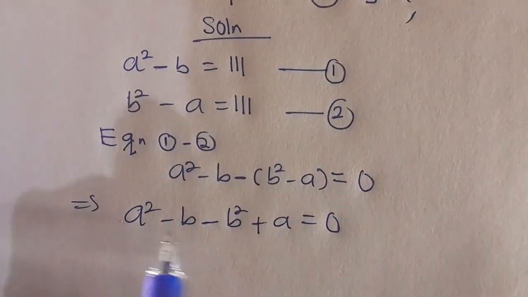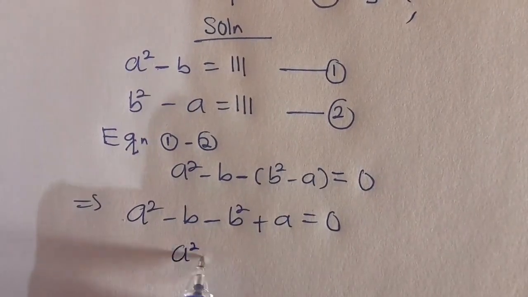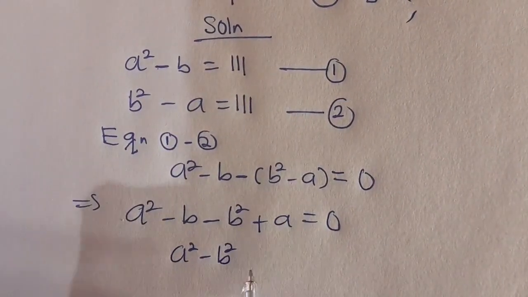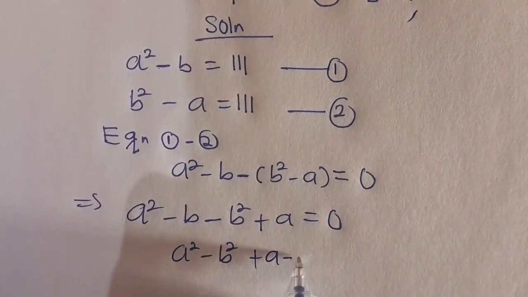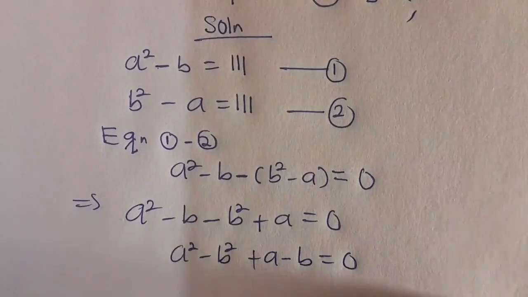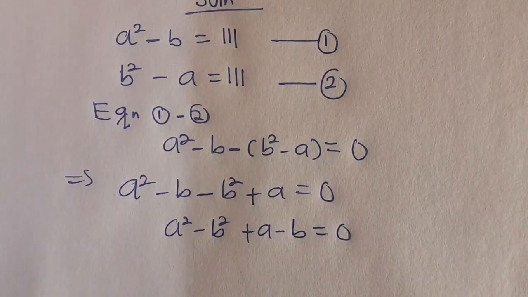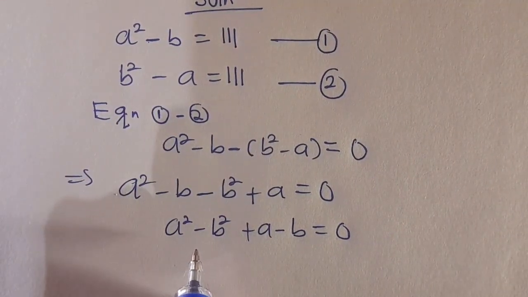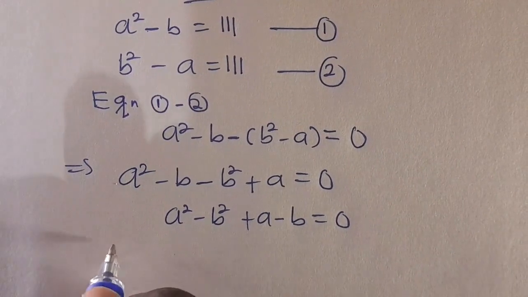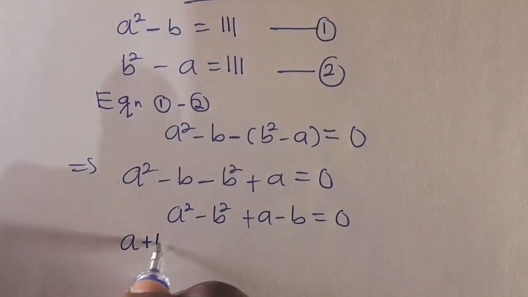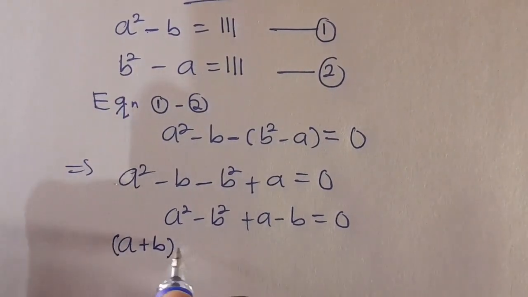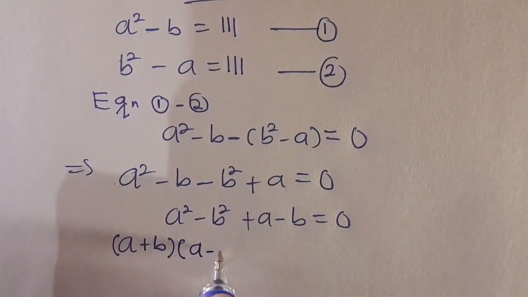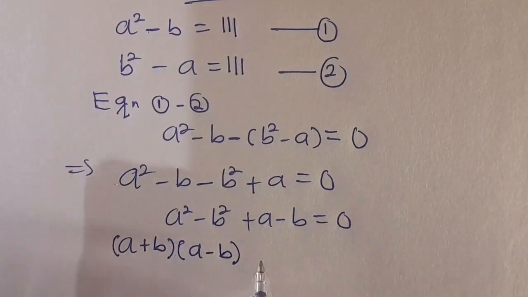Now let's take a squared and b squared together, then we have a squared minus b squared, and let's arrange the rest as a minus b, equals 0. We recall from difference of two squares that a plus b multiplied by a minus b gives this back.